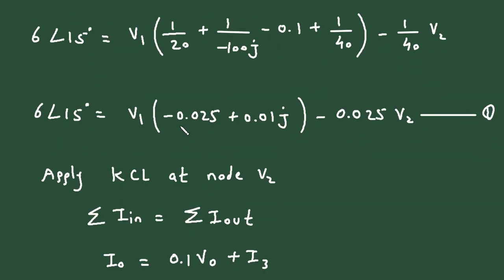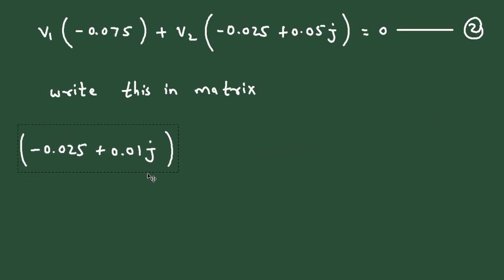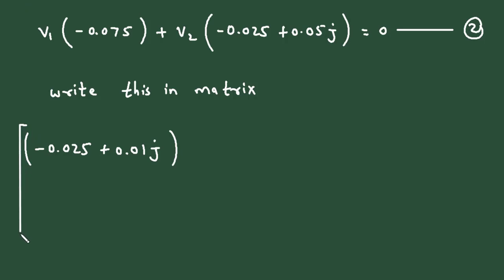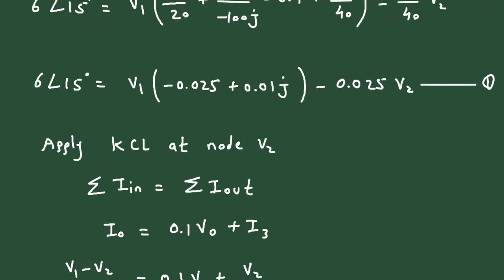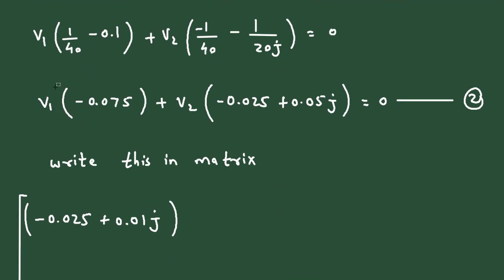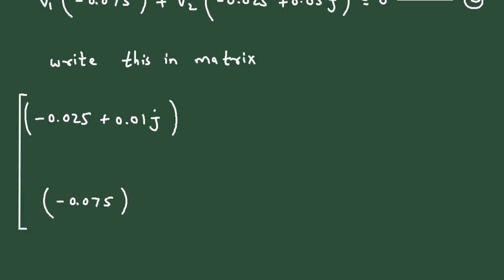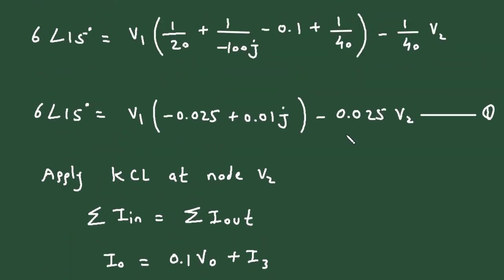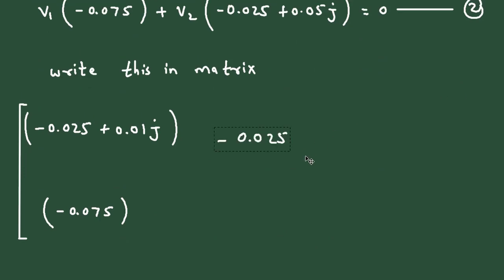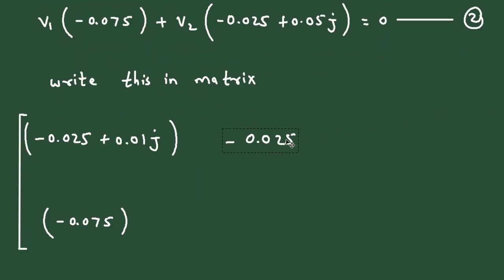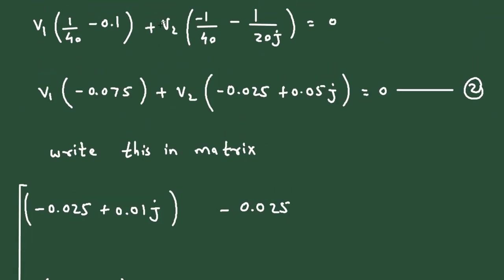So from equation 1, let's take this V1 component, then from equation 2 V1 component is this, then next minus 0.025, then from equation 2 this.